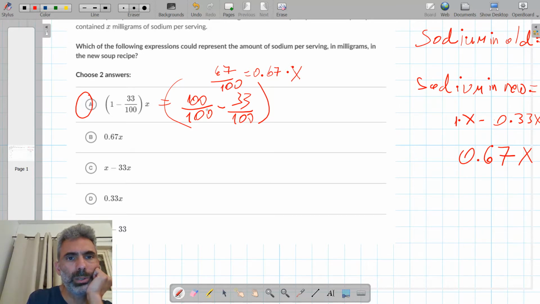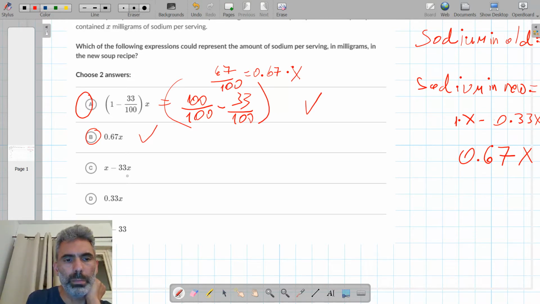Because 1 equals 100 hundredths, and we subtract 33 hundredths, which is like 33%, and we end up with 67 hundredths, which is the same thing as 67% of x. So A is good. 0.67x, B is also good.